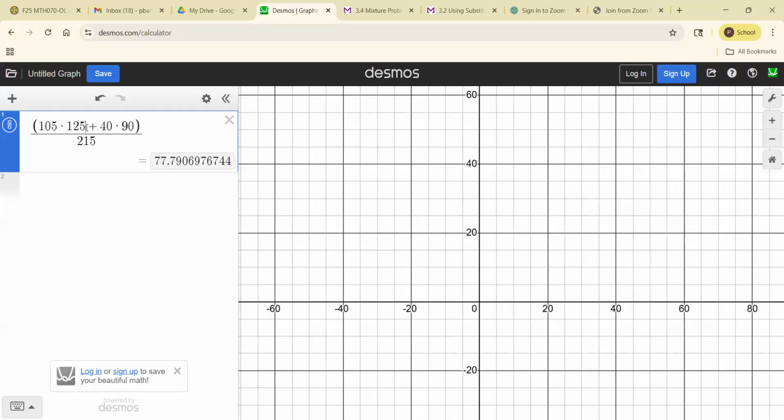I'm still a little low. Go up to 130, 85. No, see, now I overshot. I went too high. So let's back it down to 129 and 86. And there it is. I found my combination. 129 gold chests, 86 silver chests will get me to an average value of 79 points per chest.